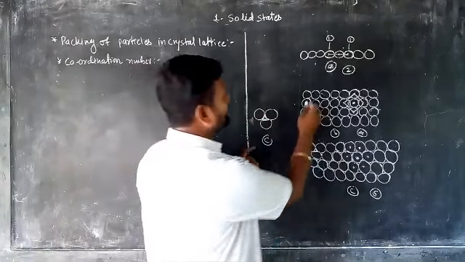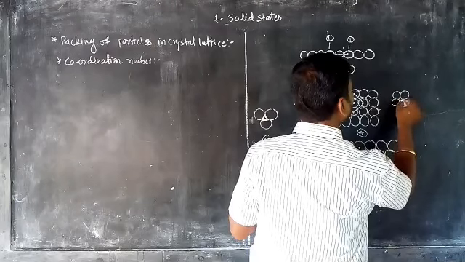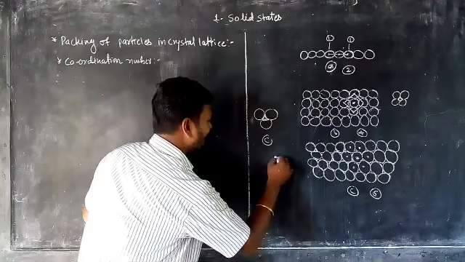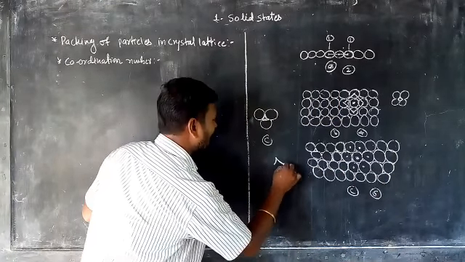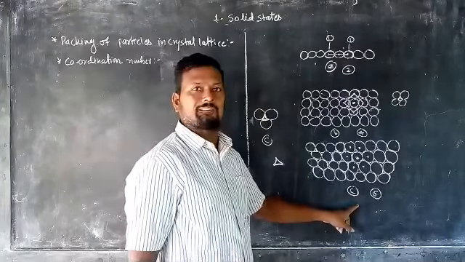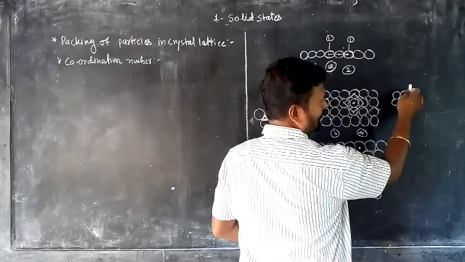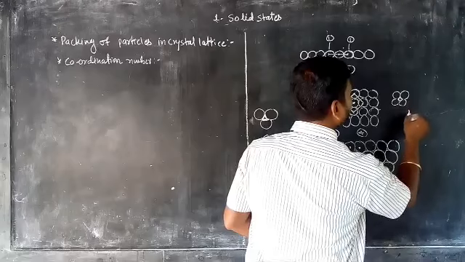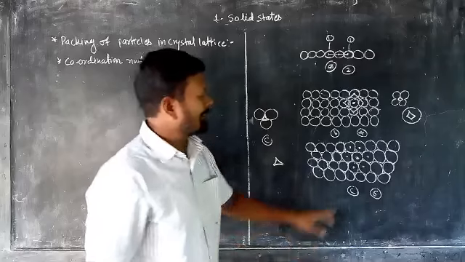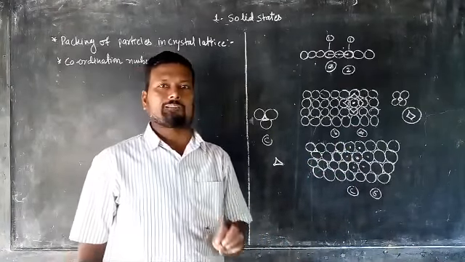In this example, 1, 2, 3 and 4. In case there is empty space just like this, the coordination number is 6. In two dimensions with the 4 points crest to crest, there is an empty space in this way, and the coordination number is 4.